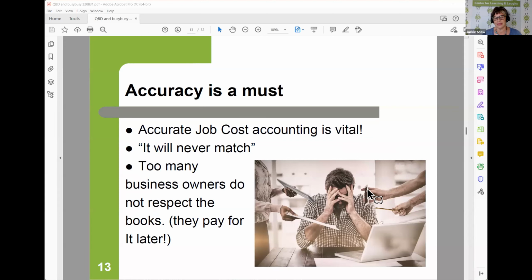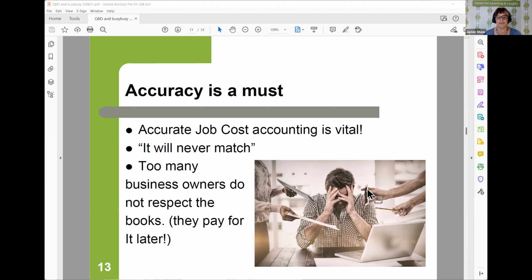Accuracy is a must. I can't tell you how many remodelers I've worked with, and not even just remodelers, because my company works with all kinds of industries across the US, but the number of frustrated business owners that are just at their wits' end because they can't get their company profitable and they can't figure out what's going on and what's going wrong because nothing's in the right place, right?